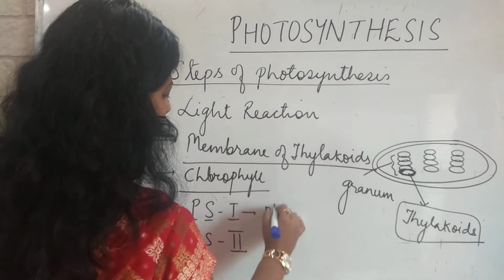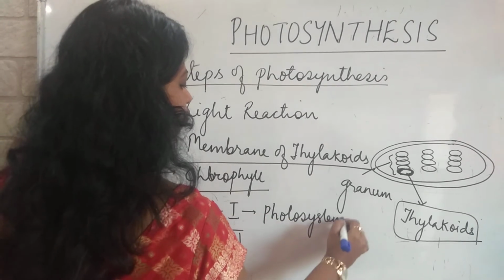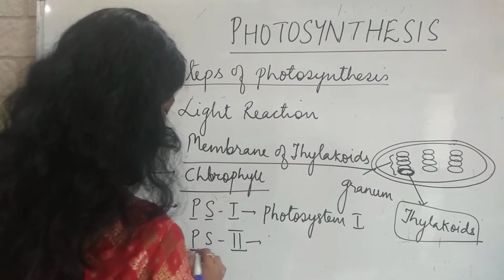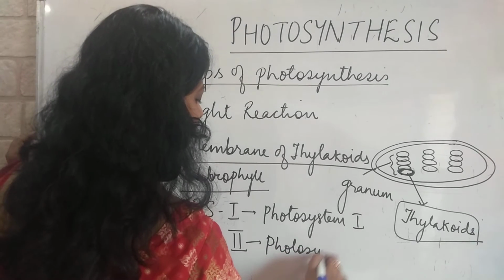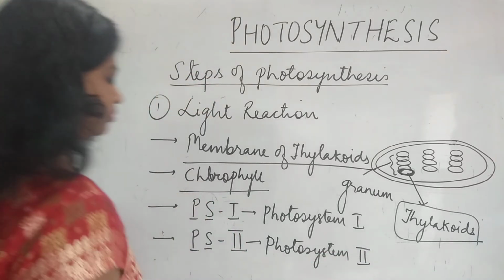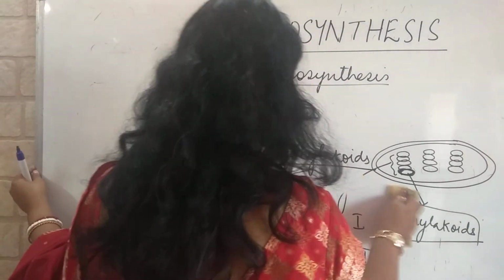PS is photosystem, PS1 is photosystem 1 and PS2 is photosystem 2. Now what do we mean by photosystem 1 and photosystem 2? Let's see it.